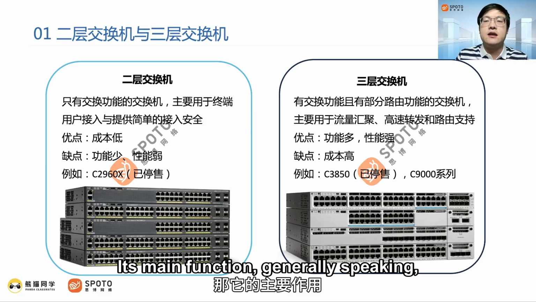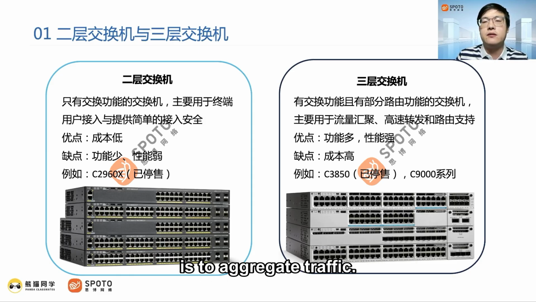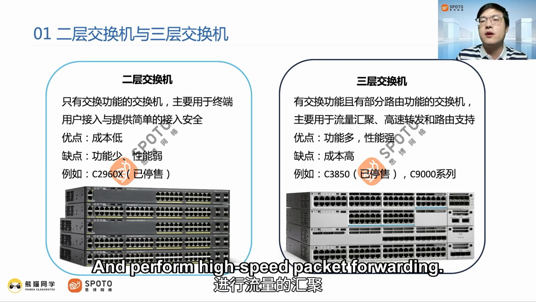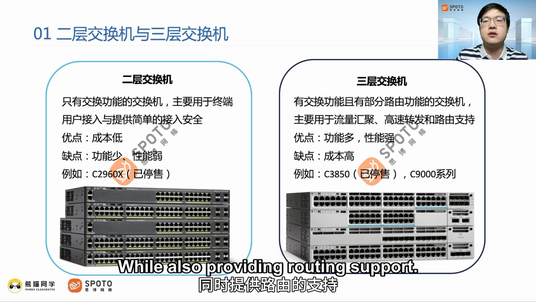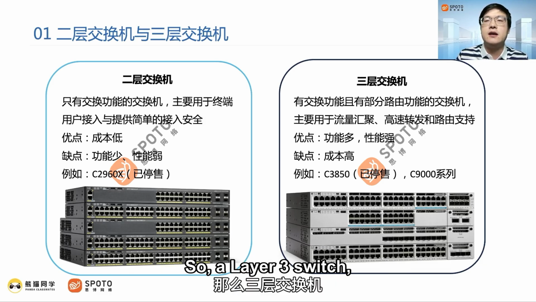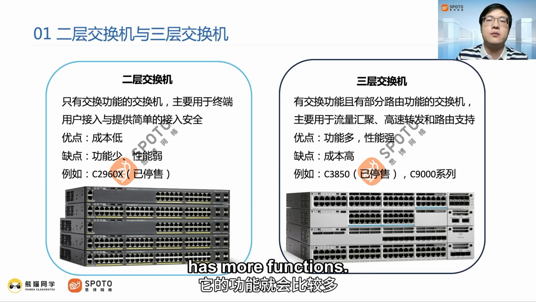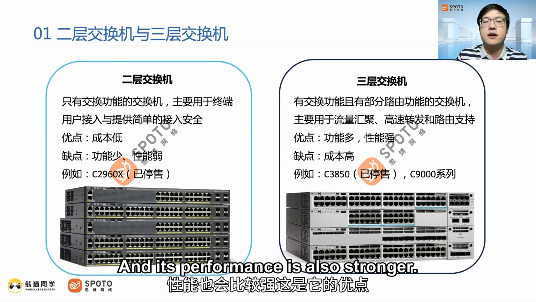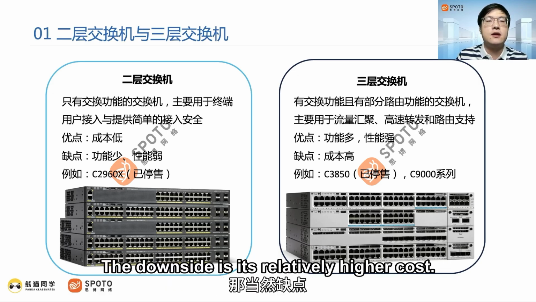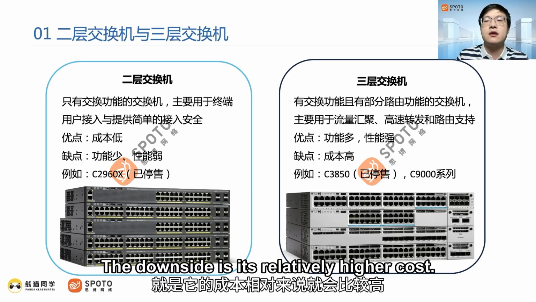Its main function, generally speaking, is to aggregate traffic and perform high-speed packet forwarding, while also providing routing support. So, a layer 3 switch, compared to a layer 2 switch, has more functions, and its performance is also stronger. That is its advantage. The downside is its relatively higher cost.